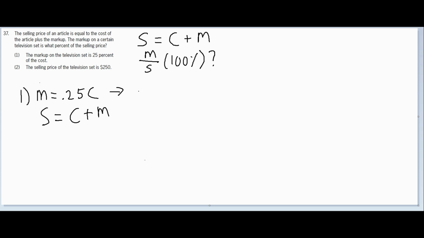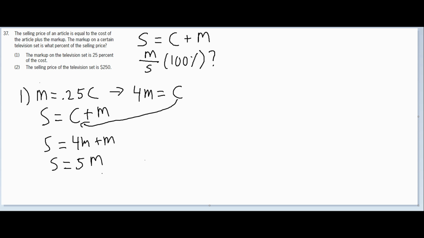And if we do that, we're going to get 4M is equal to C. And then if we plug C into here, we'll get S equals 4M plus M, or S equals 5M.